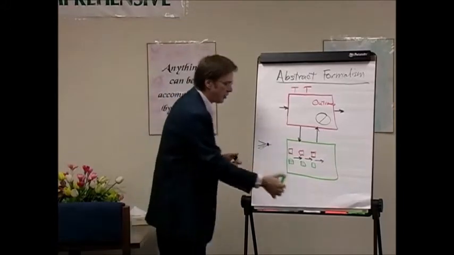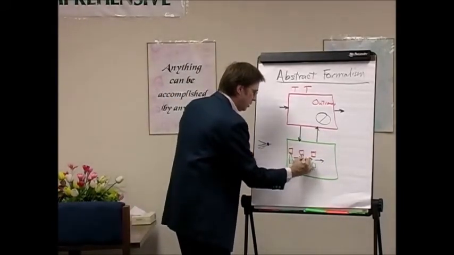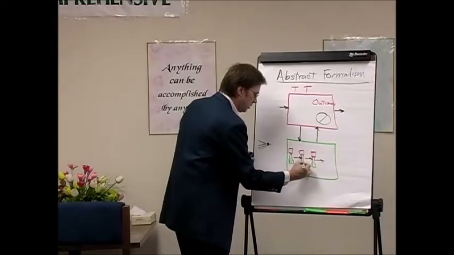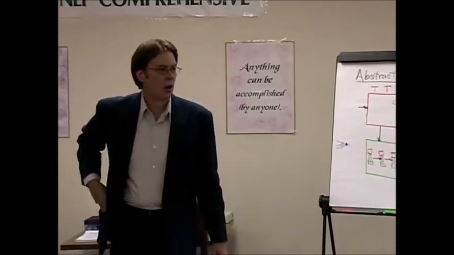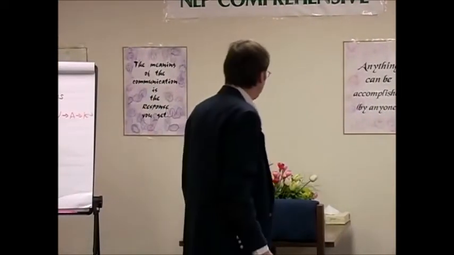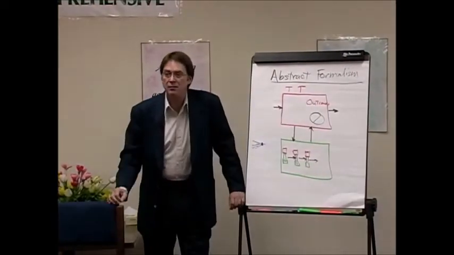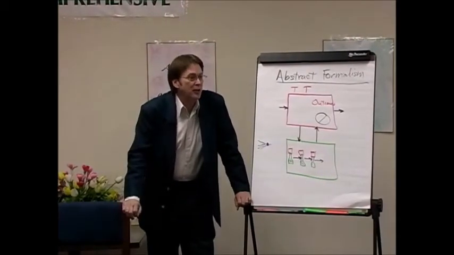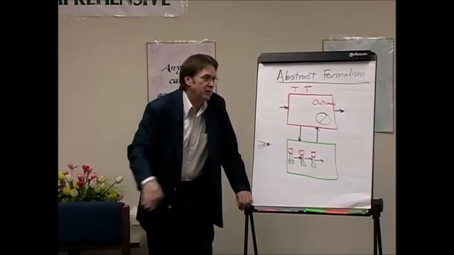Now, this suggests something else that they didn't have words for back in the original NLP, which is that a number of NLP models are what is called fractal. Fractal is simply the idea of self-similarity of form with invariance to scale. That's the mathematical definition.